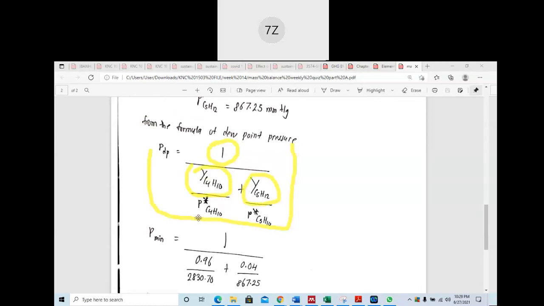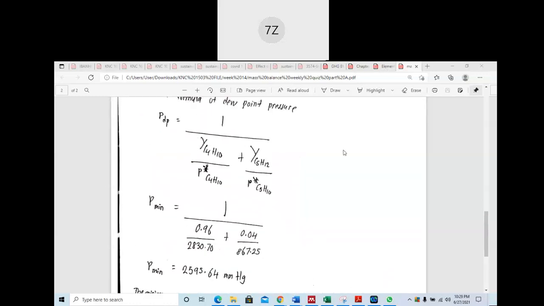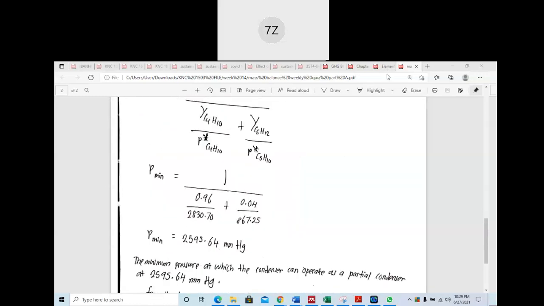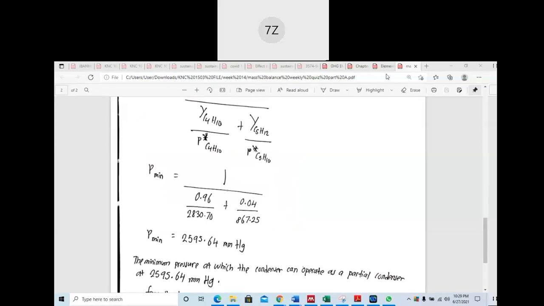And this is the vapor pressure that we already found using the Antoine equation constants table before. Now we can substitute the values here.